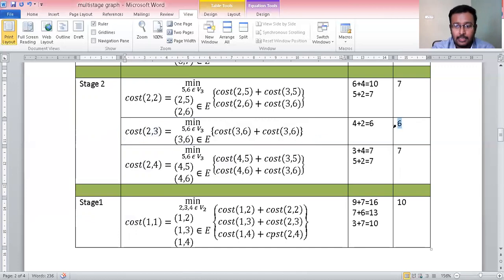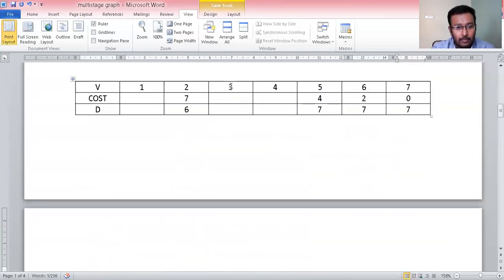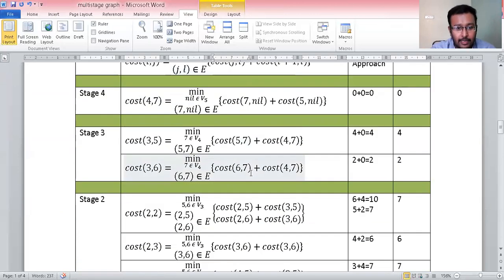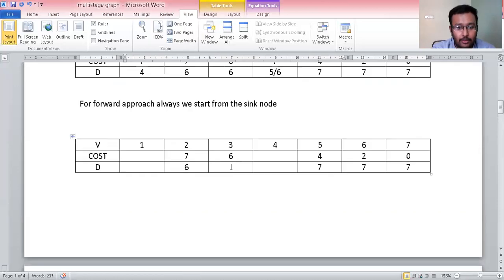So this 6, I'll fill in the column having the vertex 3. From vertex 3, which vertex am I moving to? Vertex 6. So that you need to fill here.